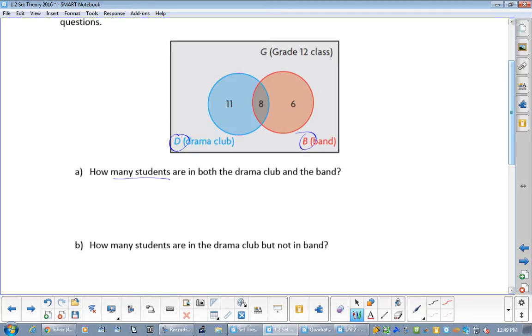How many students is N, D. Okay, D intersection B is 8.